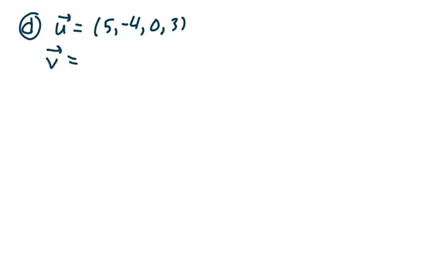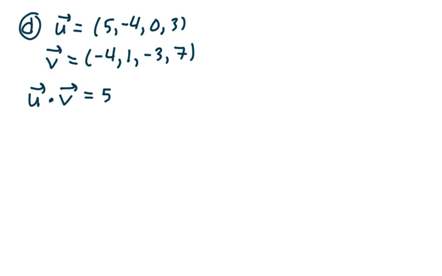D. Suppose u is the vector 5, negative 4, 0, 3. And v is the vector negative 4, 1, negative 3, 7. Okay? And let's take the dot product of u and v.